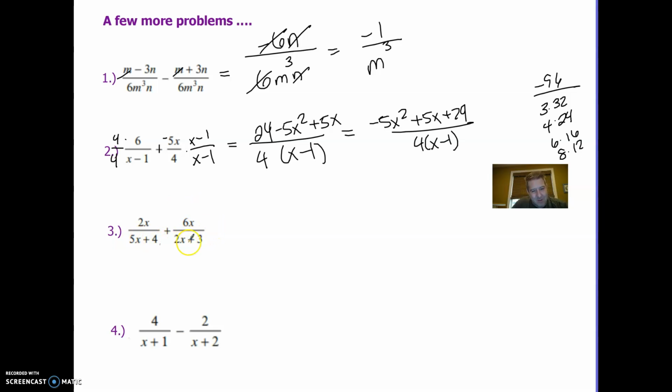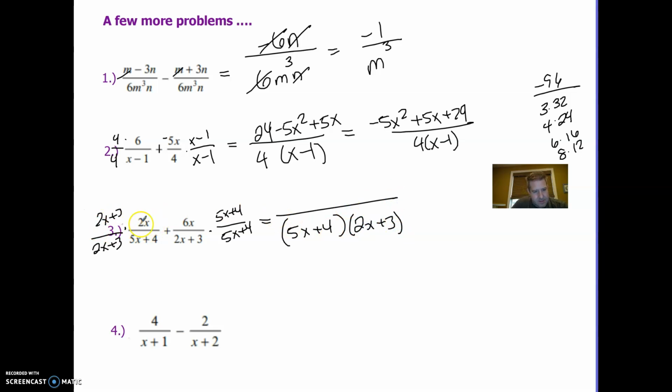So this time we have two denominators that are completely different. So this time I'm going to have to multiply this side by 5x plus 4 over 5x plus 4, and this side by 2x plus 3 over 2x plus 3. So that gives us a denominator of 5x plus 4 times 2x plus 3. Okay, now left side first. So 2x times 2x is 4x squared. 2x times 3 is 6x.